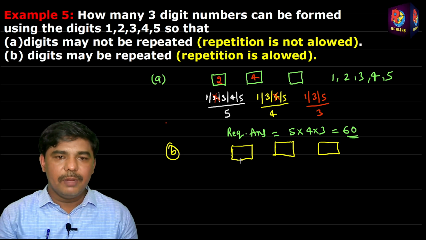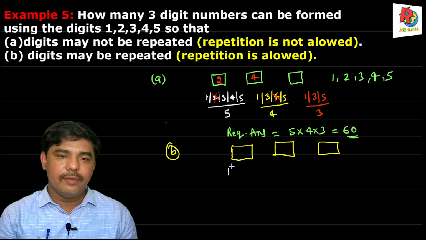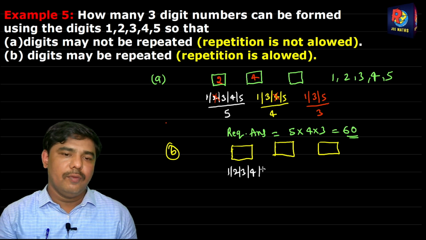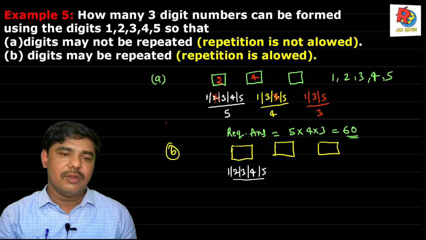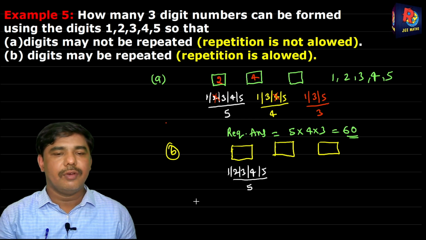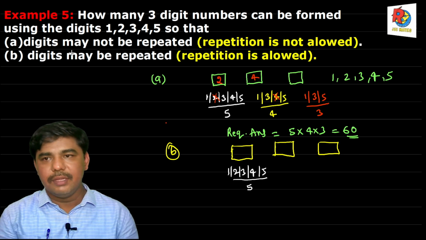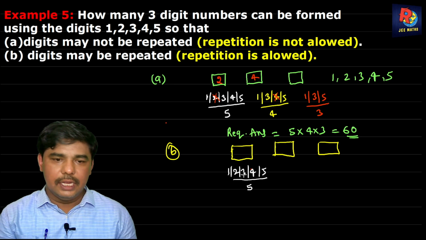Here, if you want to fill up the first digit, how many choices are there? Again we can fill 1, 2, 3, 4, 5. 5 choices are there. For example, let us assume I have taken 3, no issue about that.